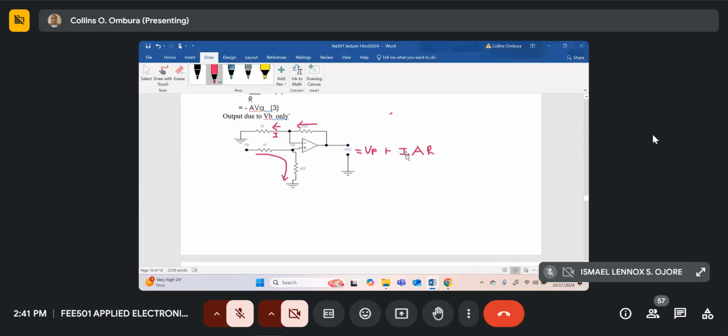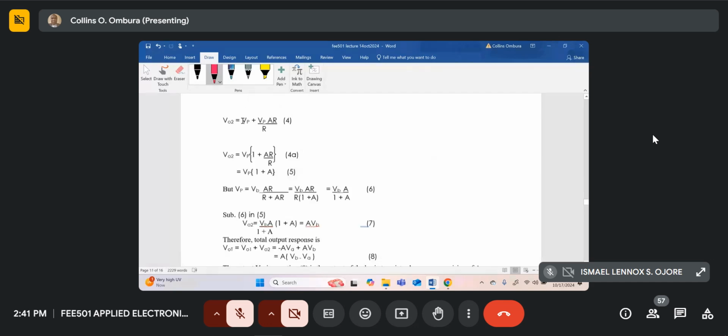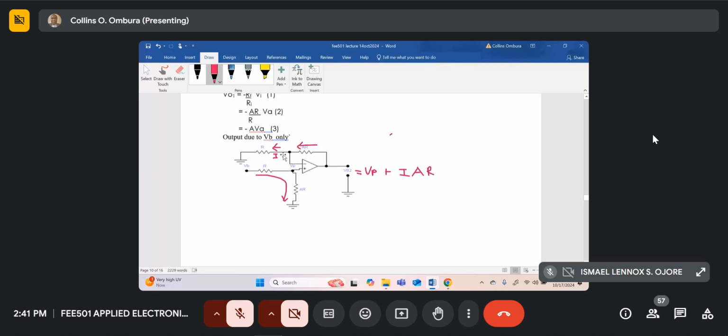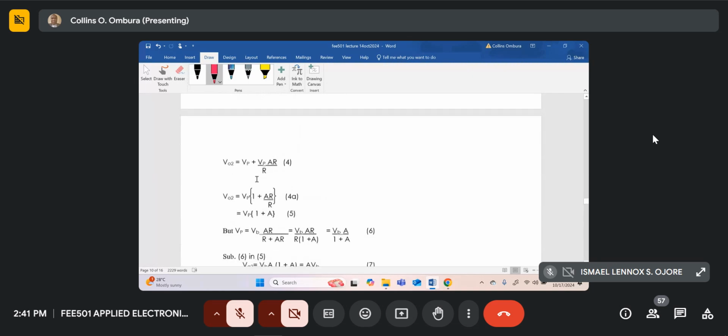So that's what I've typed over here. V02 is VP plus I AR. If this point over here, the inverting input, is VP, then I must be equal to VP divided by this R over here. So I'm taking a shortcut there.